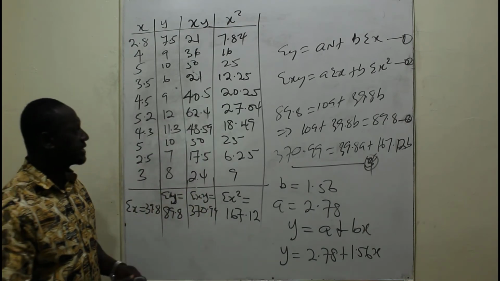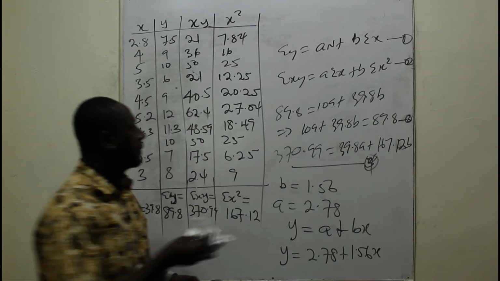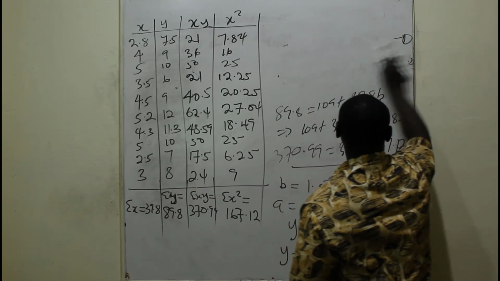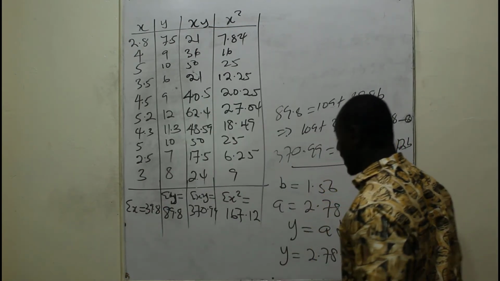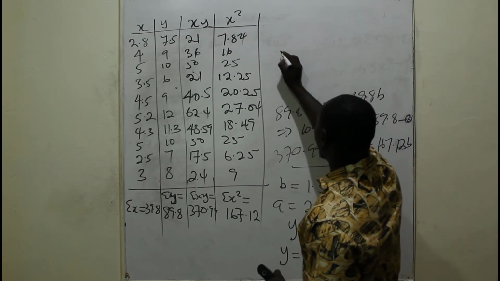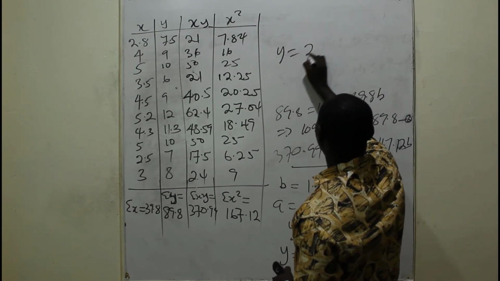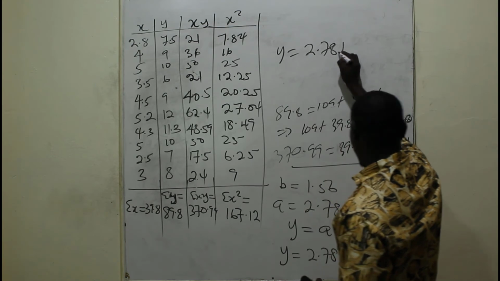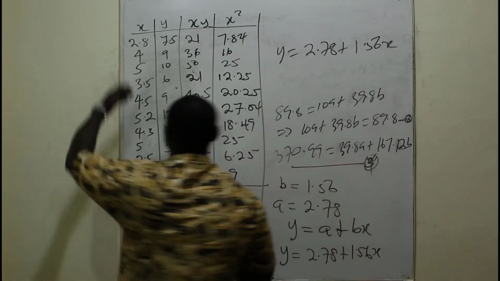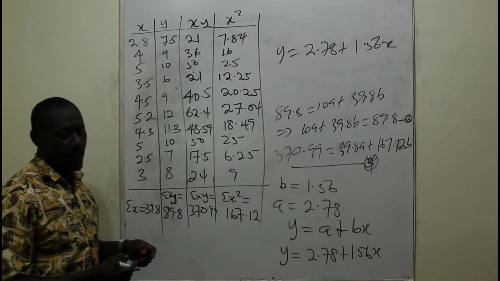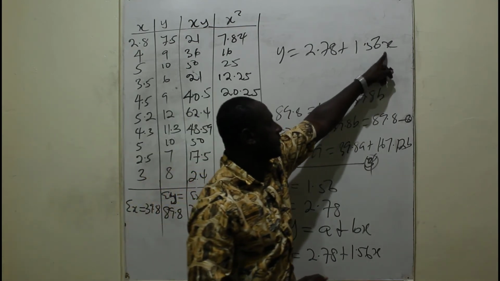Now, what is this one telling us? Like I said at the beginning, we can use this regression line to make predictions. So, y is equal to 2.78 plus 1.56x. What is this telling us? When we come to the x values, a value of x should give us something.